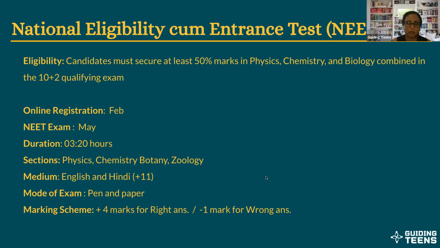So physics, chemistry, and biology are mandatory subjects to take in your 11th and 12th for eligibility to write the NEET. The point here is that, especially for those of you who may have kids in the IB curriculum, taking physics, chemistry, and biology becomes problematic because it is what they call an irregular diploma.